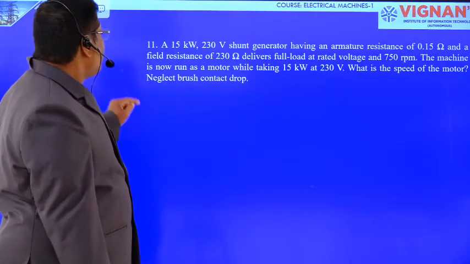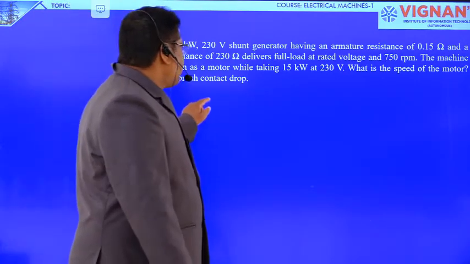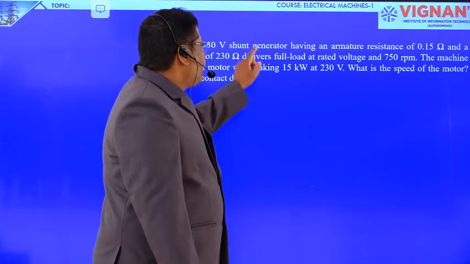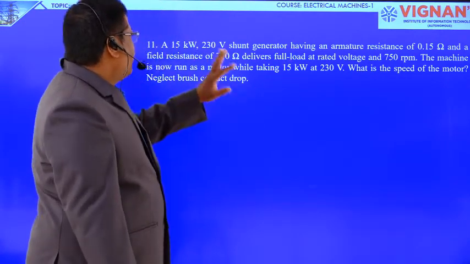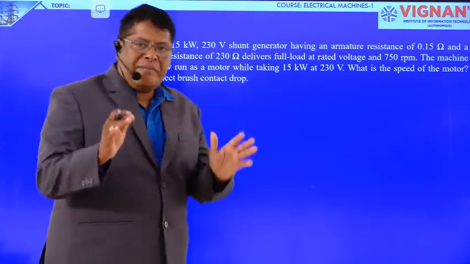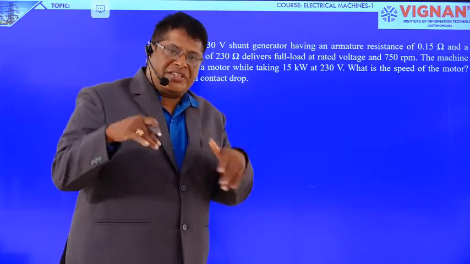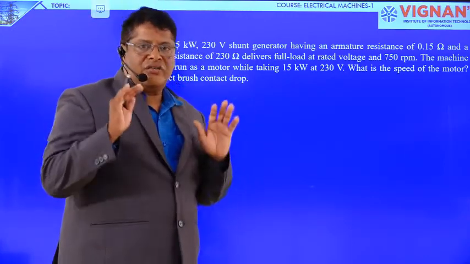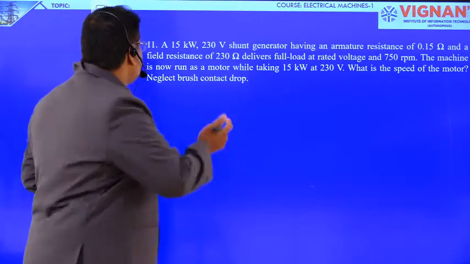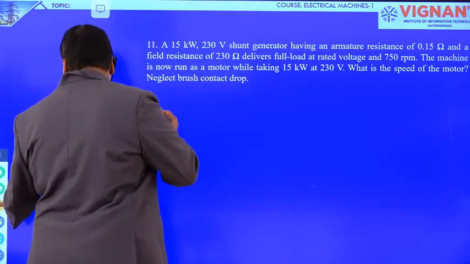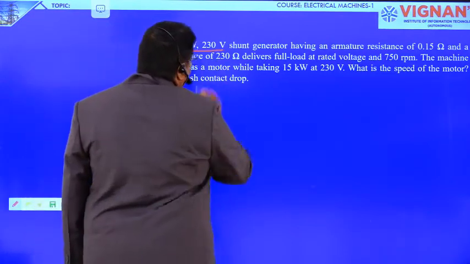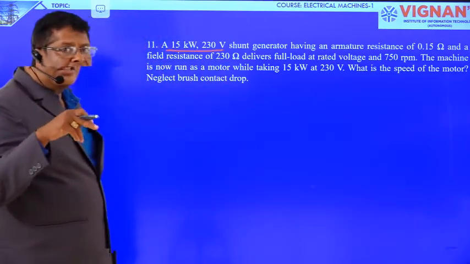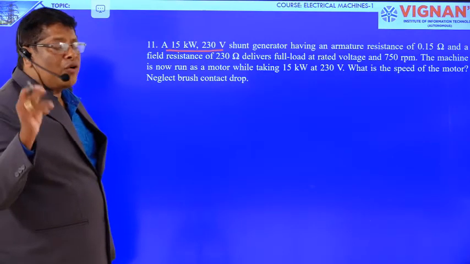The machine now runs as a motor while taking 15 kilowatts at 230 volts. What is the speed of the motor? The same machine is initially operating as a generator, so as a generator this much power is given. Now in the second case, we operate the same machine as a motor.